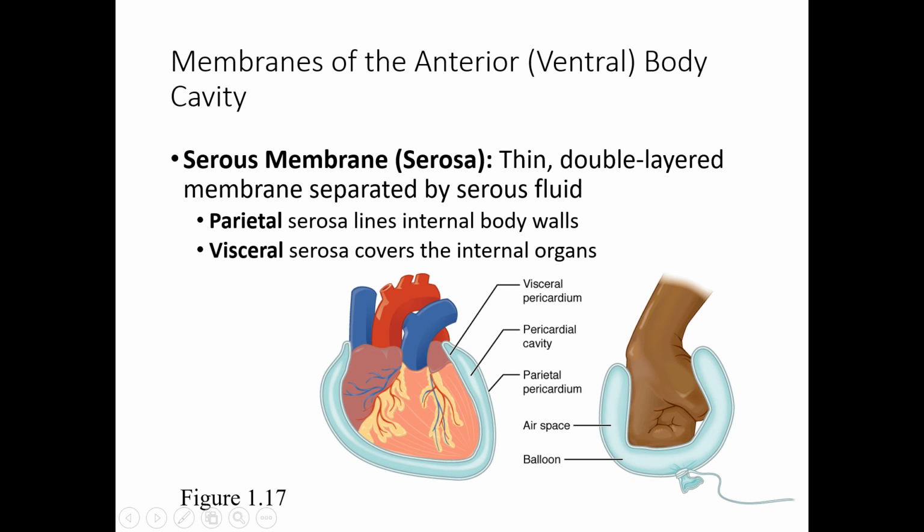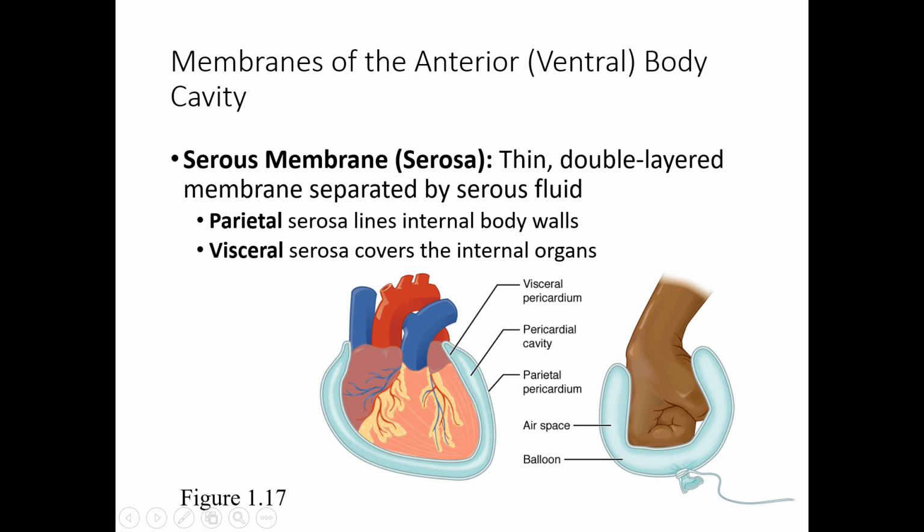To understand better the structure of those membranes, imagine you have a balloon and you insert your fist into that balloon. One layer of that balloon will be sitting very close to your fist. Another layer will be on the outside. And between them, there will be air space. So, serous membranes have a very similar structure.